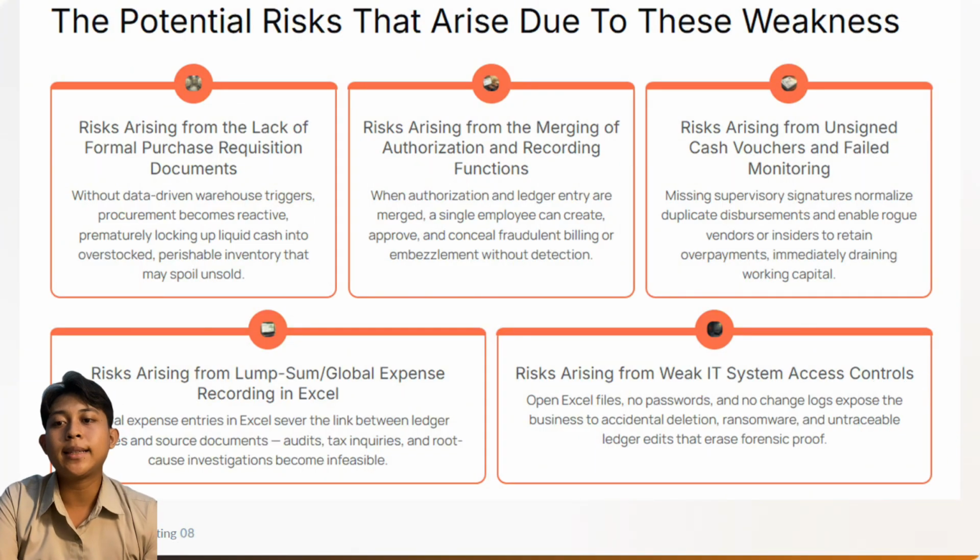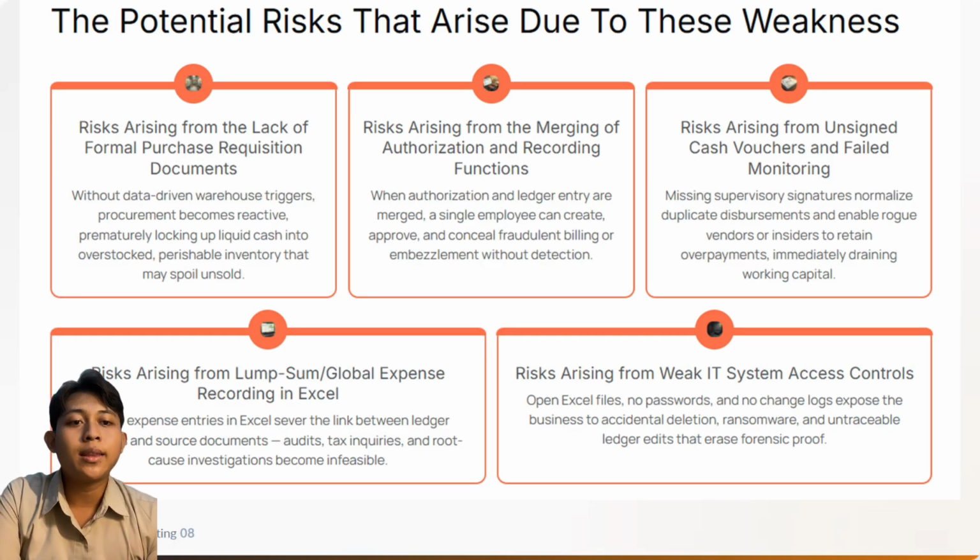And then the last is risk arising from weak IT system access control. Catastrophic business interruption or data erasure. Operating a business's entire financial core out of an open, unbacked Excel sheet means the firm is one technical glitch away from total operational freeze.